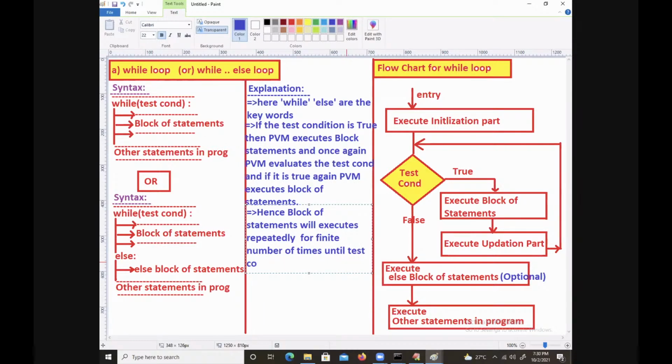Hence, the block of statements is executed repeatedly until the test condition is false.